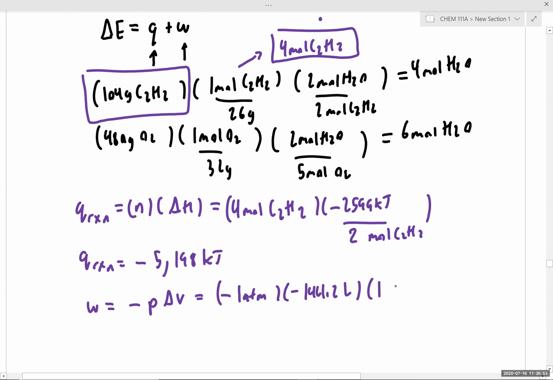And we know that we have 101 joule per liter atmosphere and 1 kilojoule per 10 to the third joules. That in turn gives us a work value equal to 14.56 kilojoules.